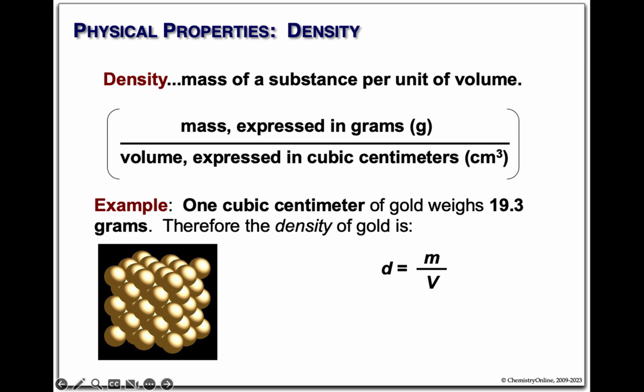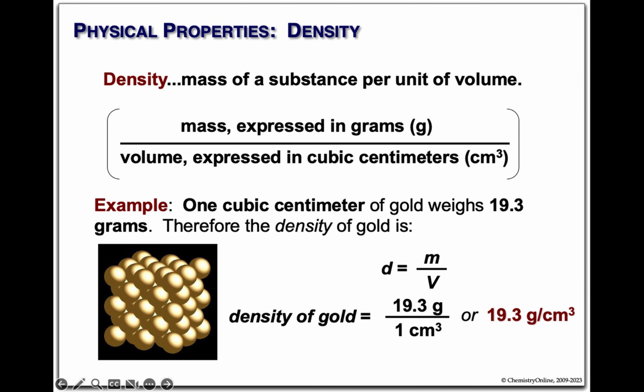Our mass is 19.3. Our volume is 1 cubic centimeter. The density is 19.3 grams per cubic centimeter. Any questions? Simple concept.